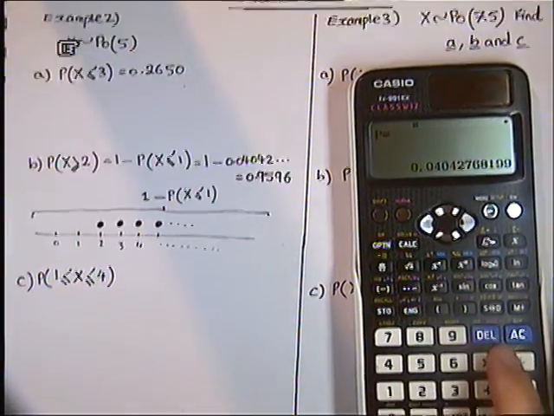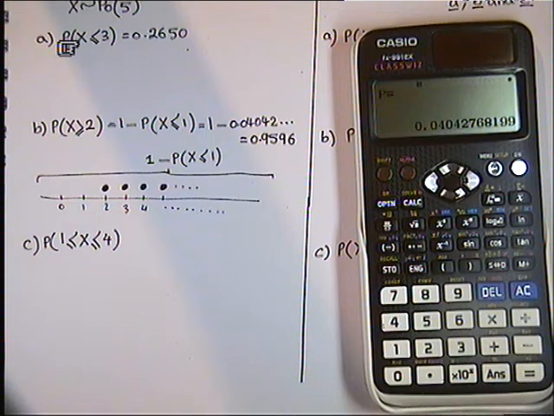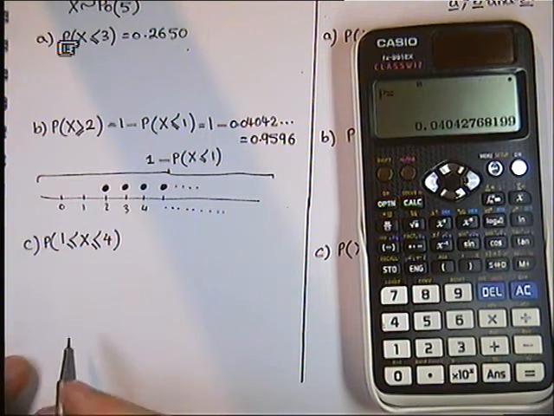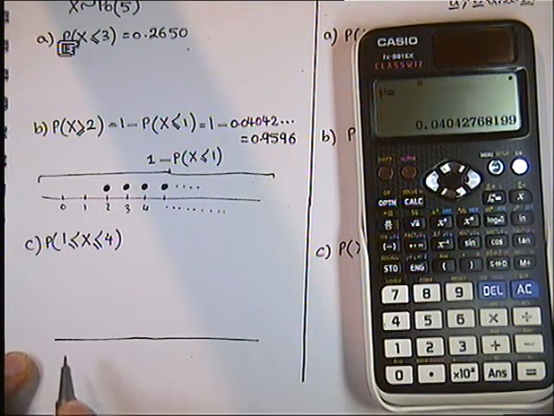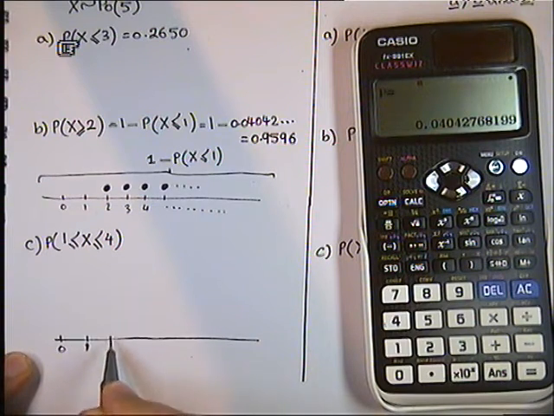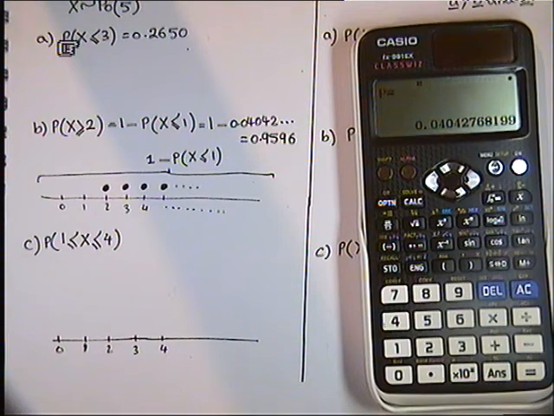Next example is probability of x between 1 and 4. Again, I would draw the number line. Let's say here is 0, 1, 2, 3, 4. Between 1 and 4 means probability of x equal to 1 plus x equal to 2 plus x equal to 3 and finally plus x equal to 4.